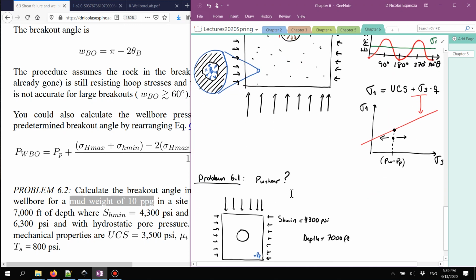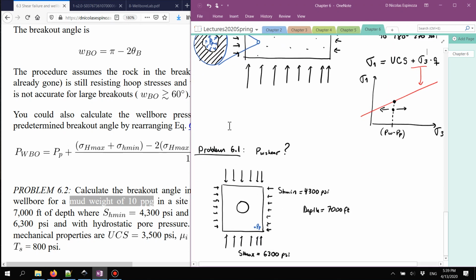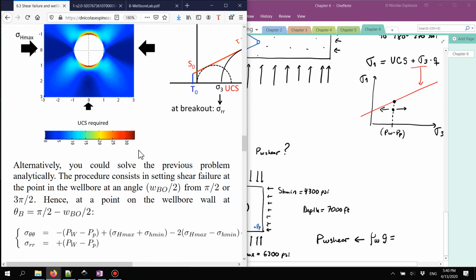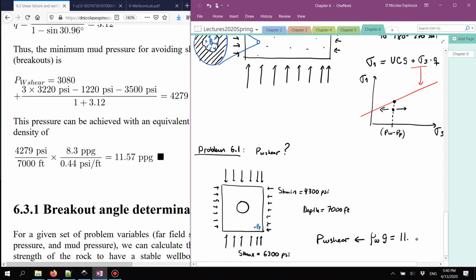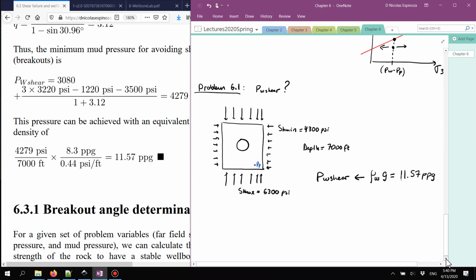If you remember from the previous problem, the solution was that PW shear was caused by a mud weight of, let me see what the solution was, 11.57 pounds per gallon.